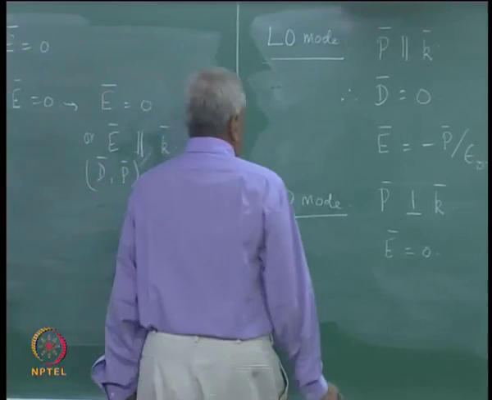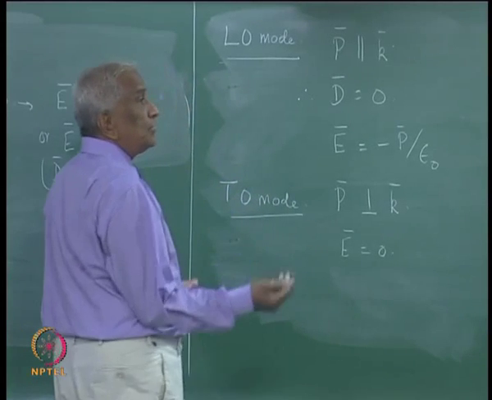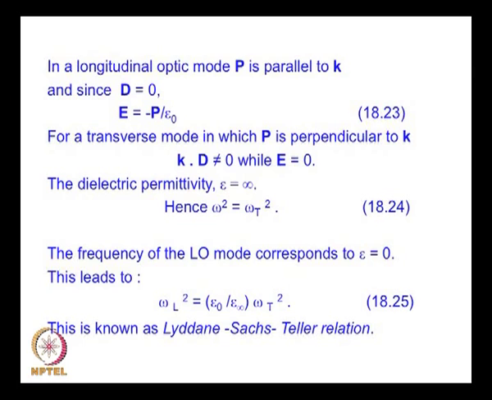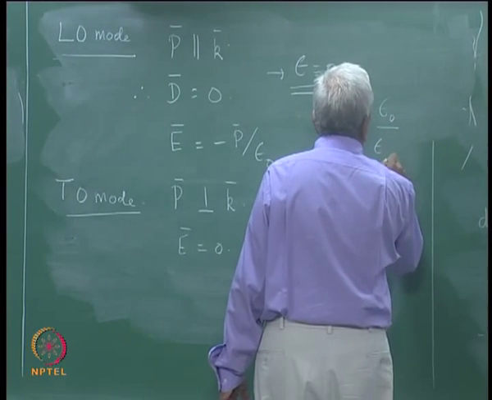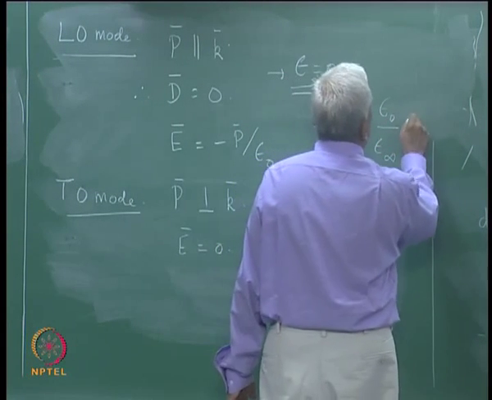Therefore, the frequency of the LO mode corresponds to epsilon equal to 0, and plugging back into the expression, omega L square is epsilon naught by epsilon infinity into omega T square.